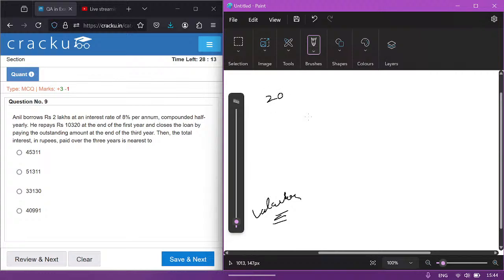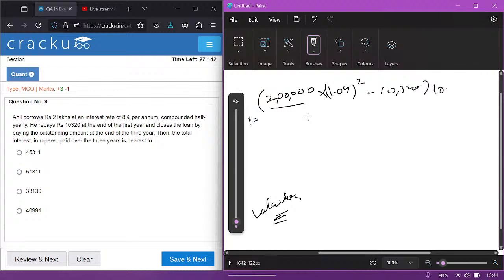Right. So 2 lakhs of loan, 200,000, right? Interest rate of 8% per annum, so 4% half yearly. Pays 10,300 in the first year itself. So into 1.04 twice minus 10,320. This is what he paid. This is the principal amount after the first year, and then he closes the loan by paying the outstanding amount at the end of the third year.